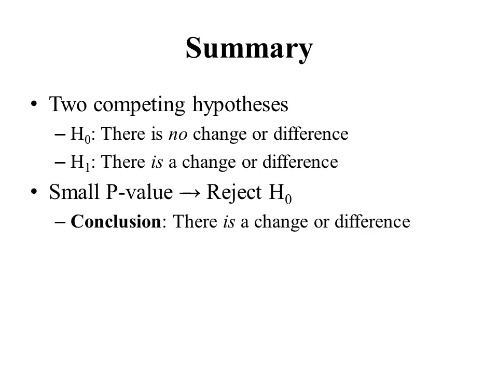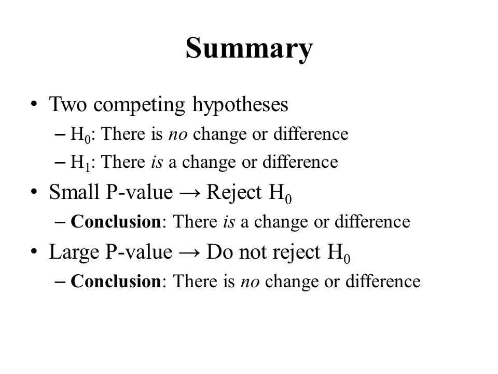In all of them, we calculated a p-value. If we have a small p-value, meaning less than 0.05, then we reject the null hypothesis, and our final conclusion is that there is a change or difference. If we have a large p-value, meaning greater than 0.05, we would not reject the null hypothesis and conclude that there is not a change or difference.